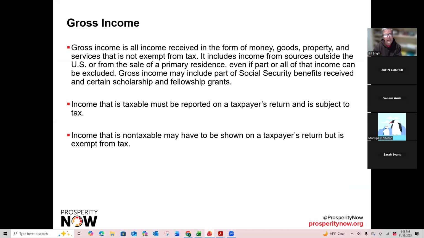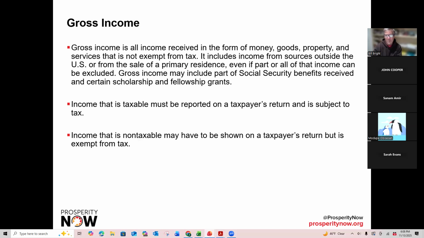Gross income is any income received in the form of money, goods, property, or services that is not exempt from tax. It does include sources from outside the U.S., and the sale of your primary residence, even if all or part of that income can be excluded. We do see a few people, off and on, selling their primary residence.